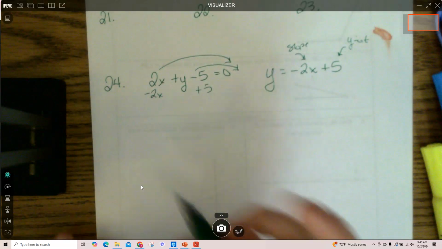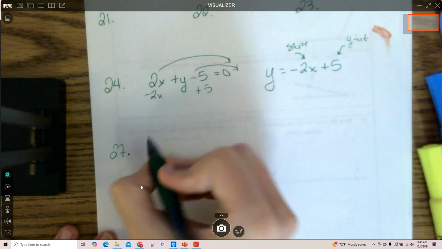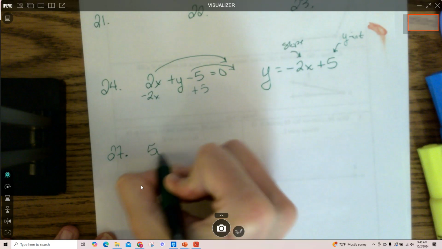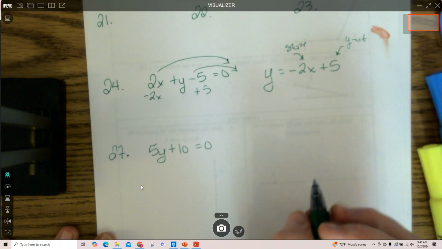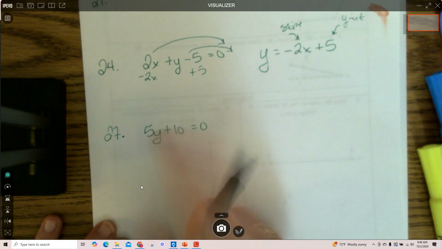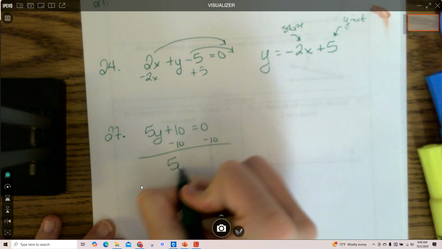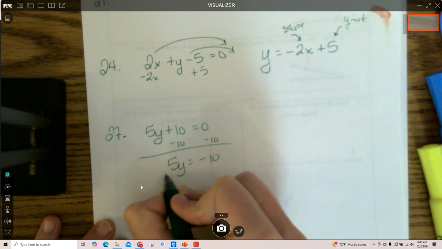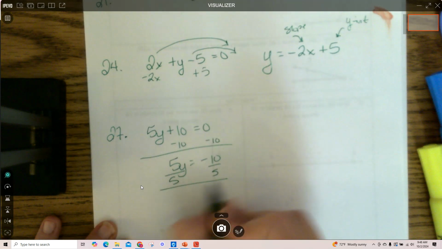What's 27 say? Rewrite the equation 5y plus 10 equals 0 in slope intercept form, and give just the slope and y-intercept. Now this one's different though. Here we subtract the 10 from both sides. So we have 5y equals negative 10. Then you have to divide both sides. A lot of kids forget dividing both sides by the coefficient.